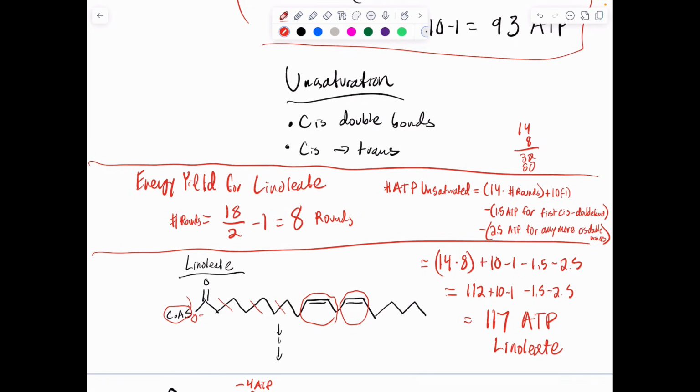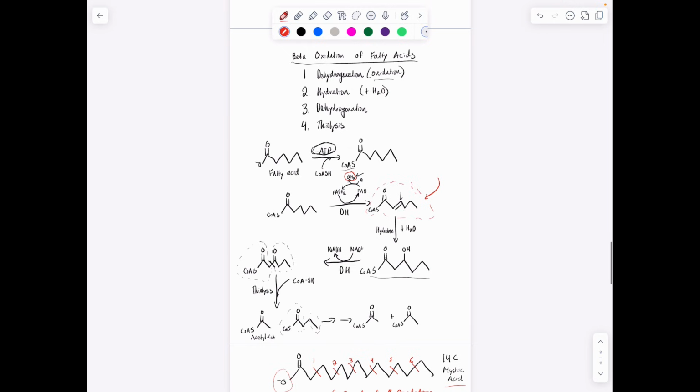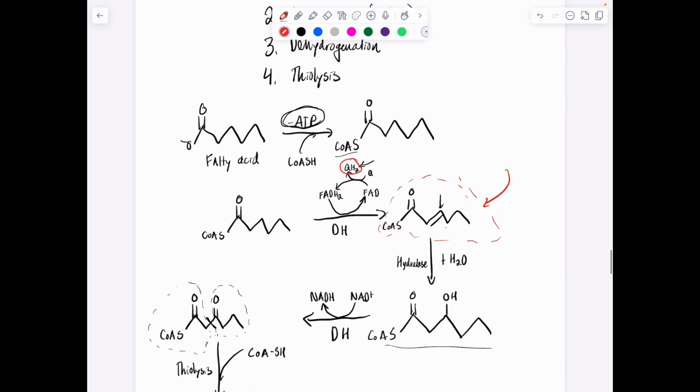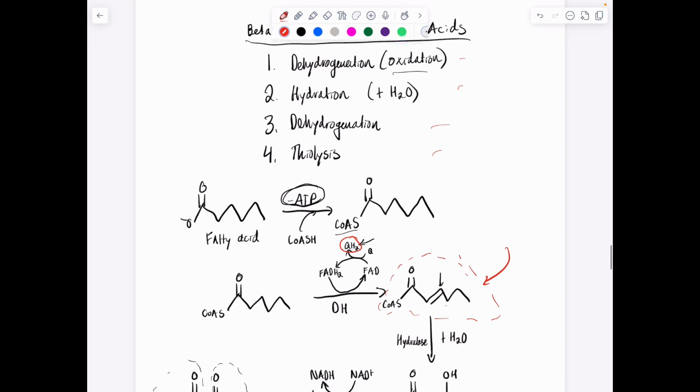All right, cool. So that's kind of just a rundown of how to solve these beta oxidation problems and the run through of the process of beta oxidation metabolism. Just generally, you have to know the structures of these different steps, which are oxidation, hydration, dehydrogenation and thiolysis.